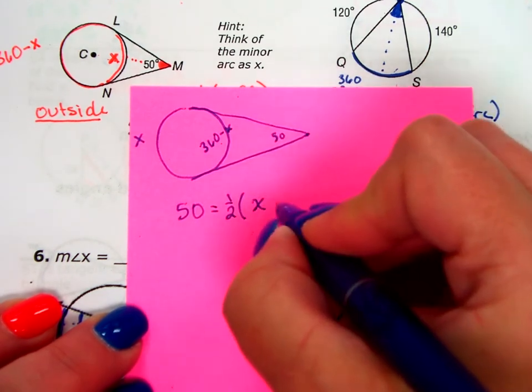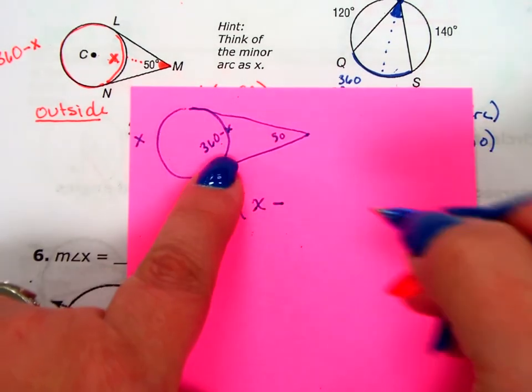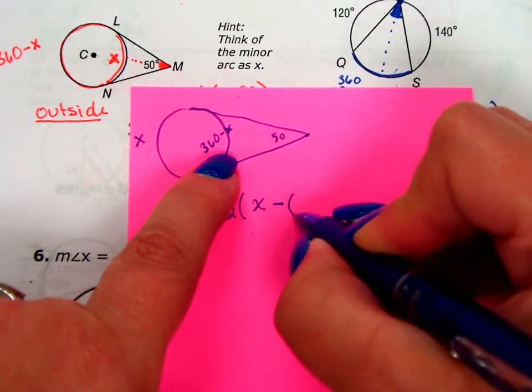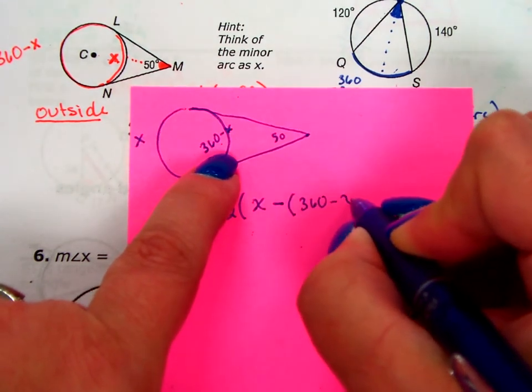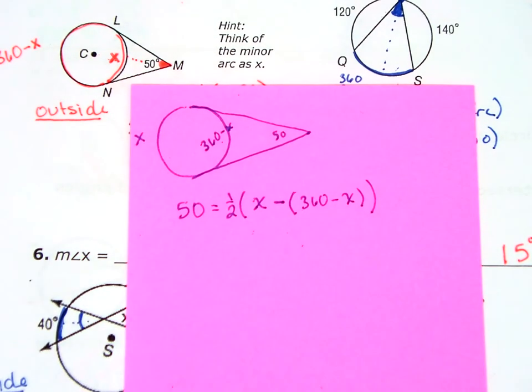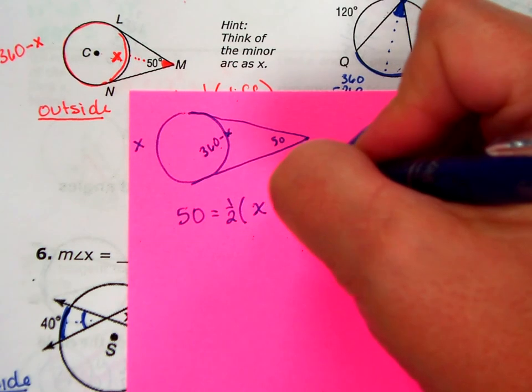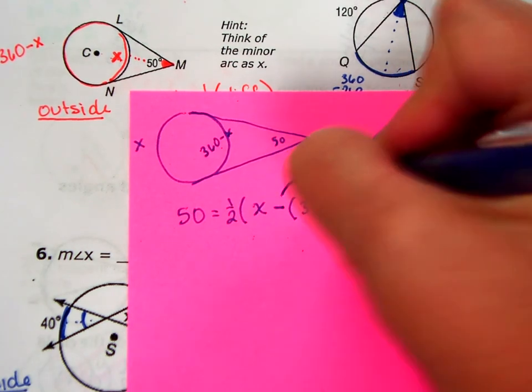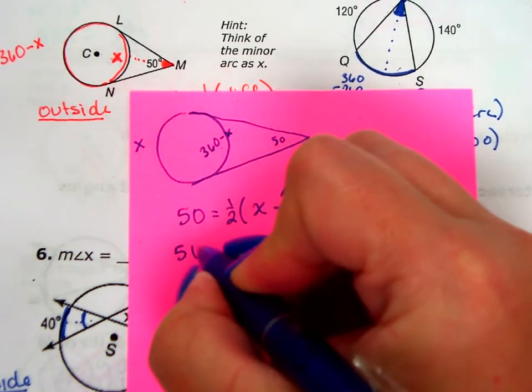My outside arc minus my inside arc is going to be x minus, I have to subtract that whole thing. So I have to put the 360 minus x in its own set of parentheses. And that we forget to do every single time. Because I have to distribute this negative.